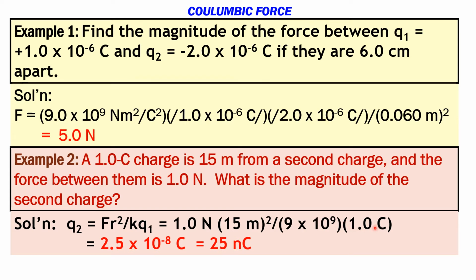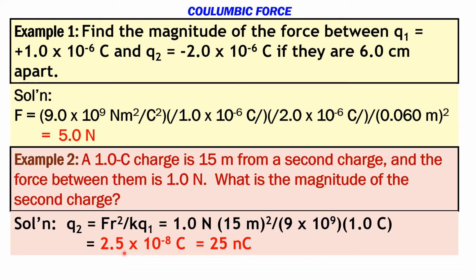As we expect, we are looking for the value of the charge Q2, whose unit, of course, should be in coulomb. But we also want to express it in a more commonly used unit, such as the nanocoulomb. So using your calculator again, we will get this amount of Q2, 2.5 raised to the negative 8 coulombs.